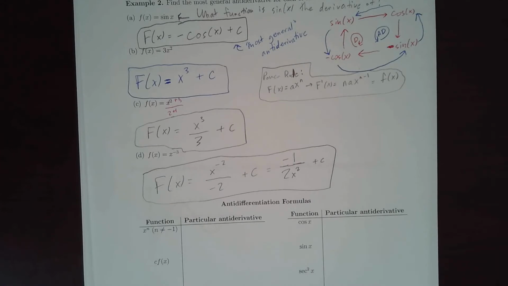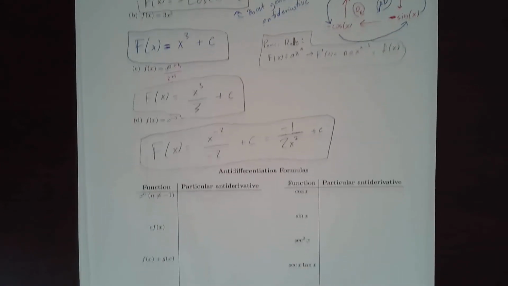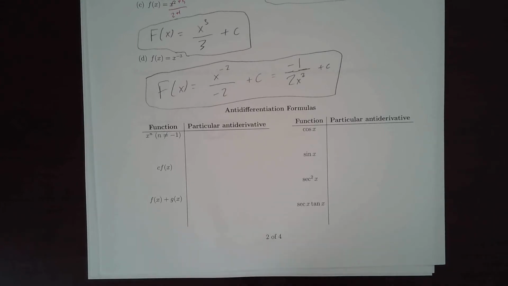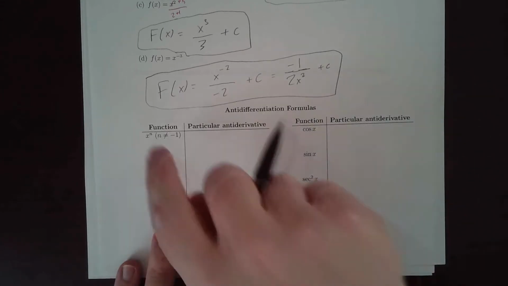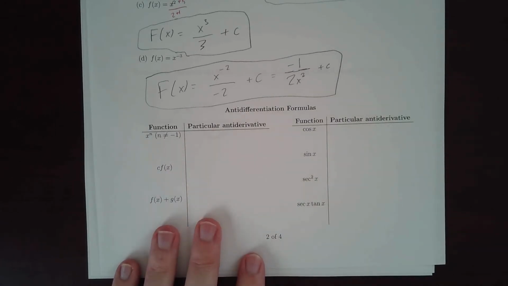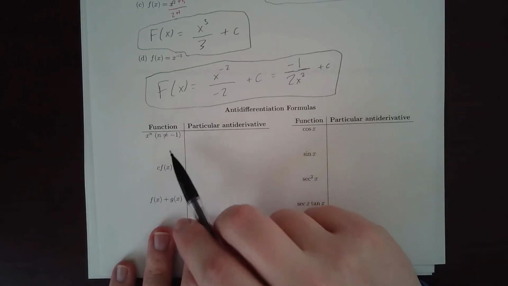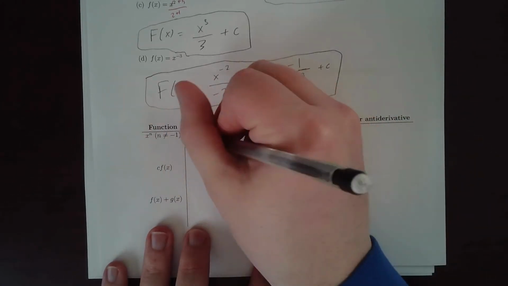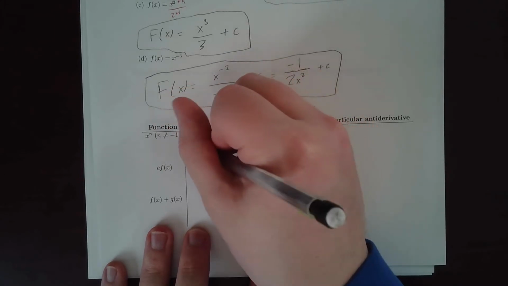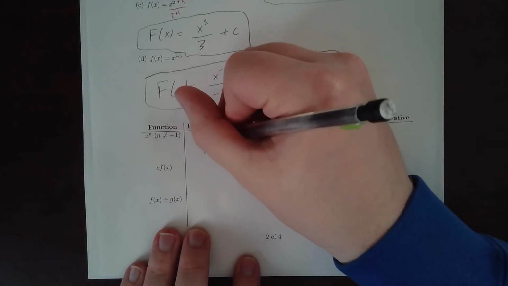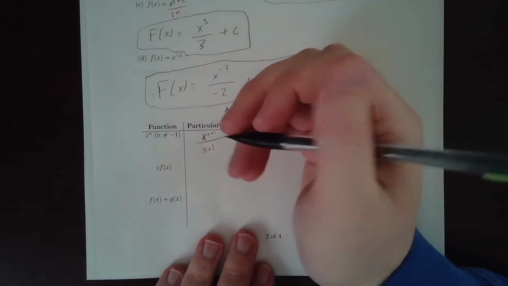All right, so then let's talk about, in general, what's going on with some of our antidifferentiation formulas. So say we've got a function that looks like x to the n, and n is not equal to negative 1. One day we'll talk about why n is not equal to negative 1 is a big deal, but what we'll have is x to the n plus 1 divided by n plus 1 as the antiderivative, as we've seen up until this point.